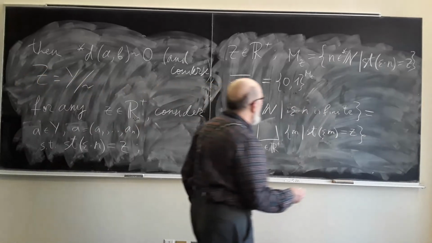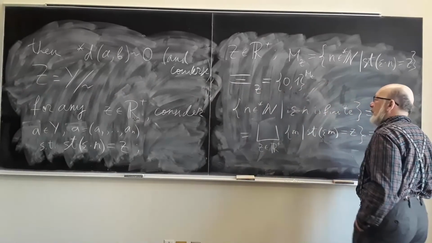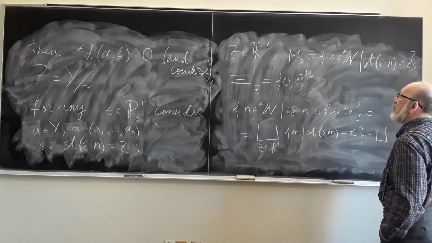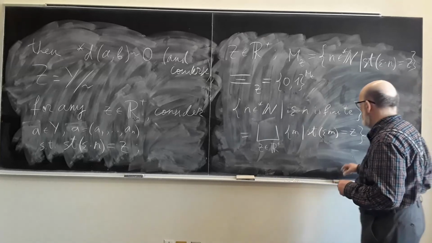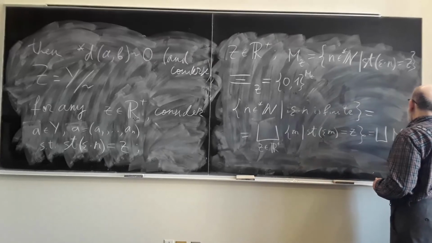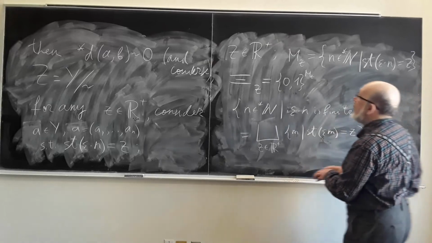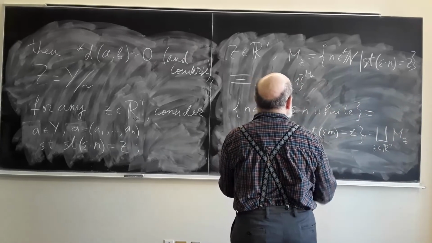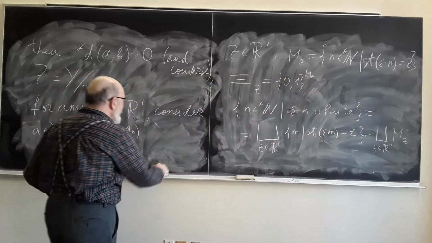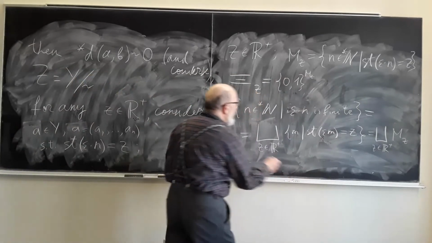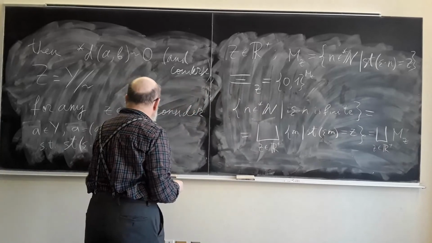And this set equals the union of mz, z in R plus, and here is the definition of mz. It is the union of mz.